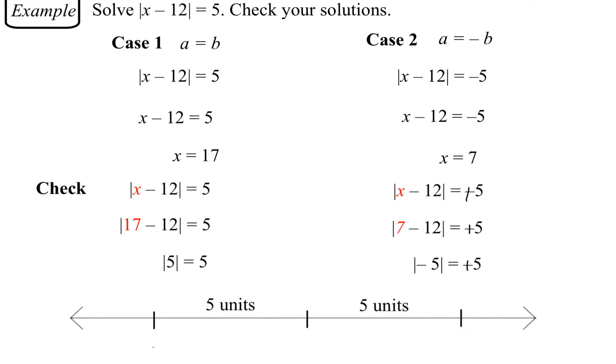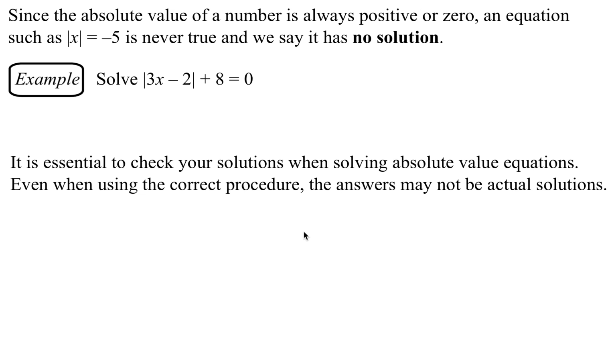So what that means on a number line is that wherever our center is, in this case, this tells us where we're centered on the number line, 5 units to the right or 5 units to the left give us our two endpoints, and those are our solutions. To the left we had 7 and to the right we get 17. So the number 5 is the distance from 12 on the number line. We could be 5 units to the right or 5 units to the left.